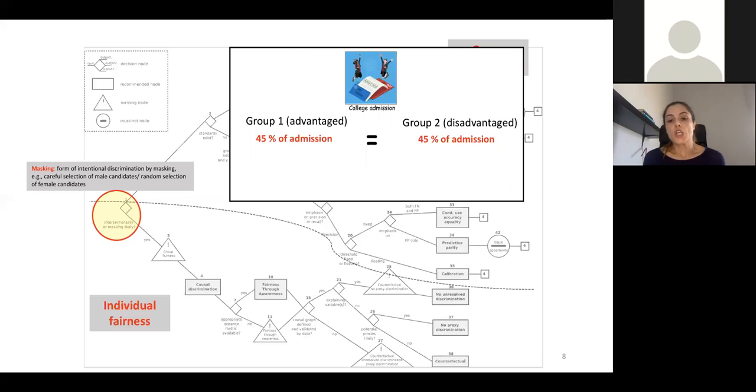A biased ML system can carefully select applicants from the first advantaged group while randomly selecting applicants from the second disadvantaged group just to make the numbers. This is also known in the literature as the self-fulfilling prophecy problem.